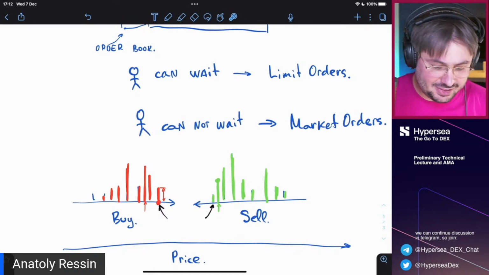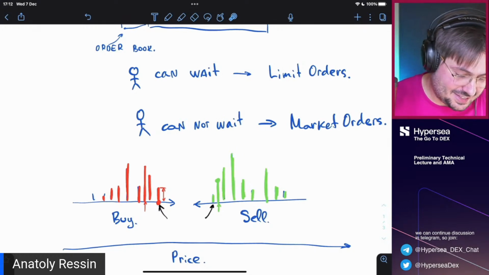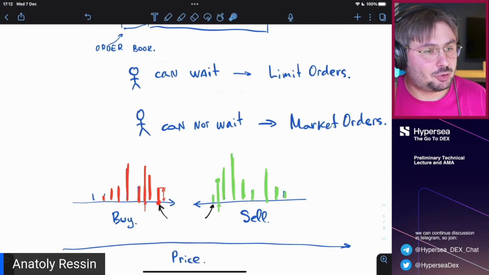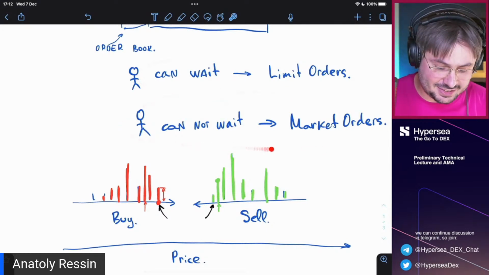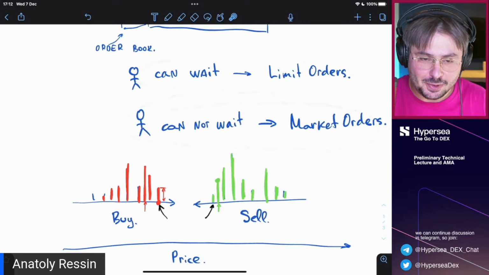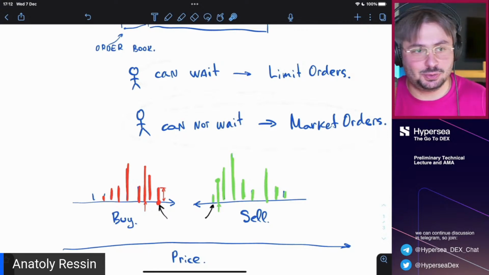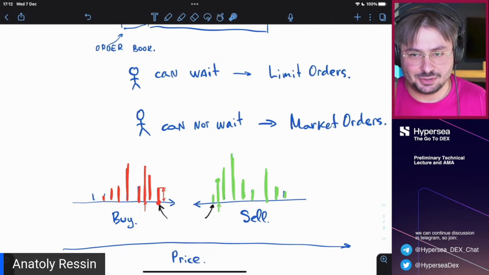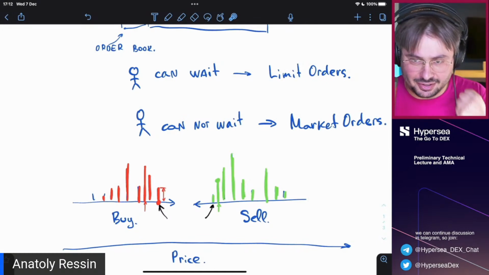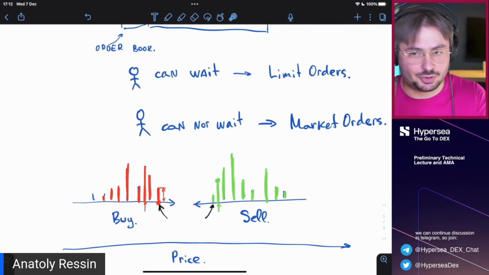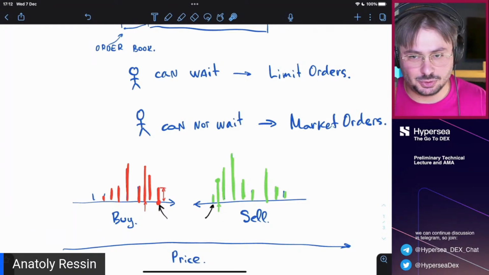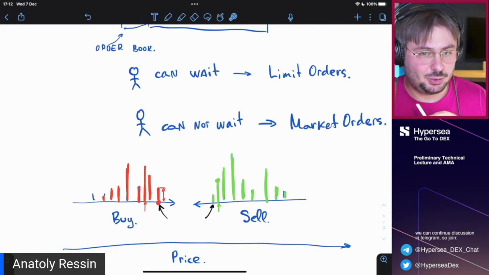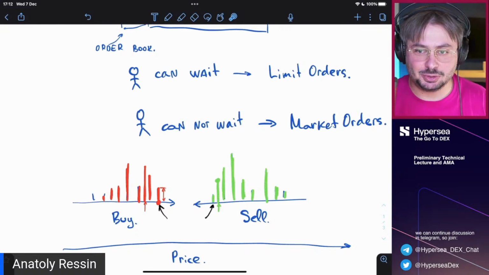So only the existence of the first type of guys creates the ability for the second type of traders to realize their rights. So I have a crypto and I want to sell it, or for example, I have money and I want to buy it. So this ability to buy when you want and to sell when you want is called liquidity.